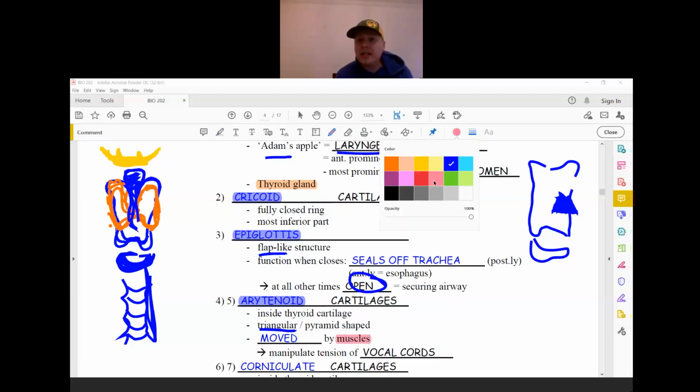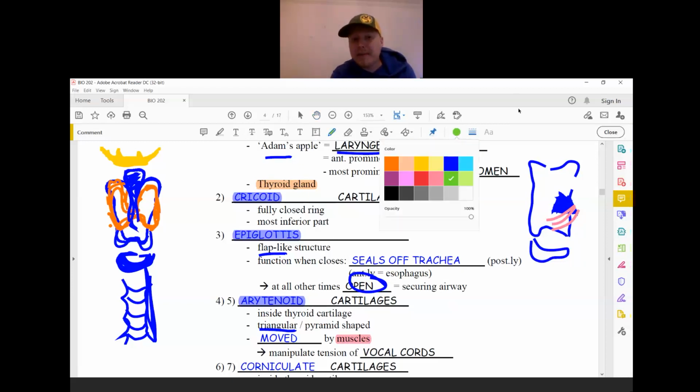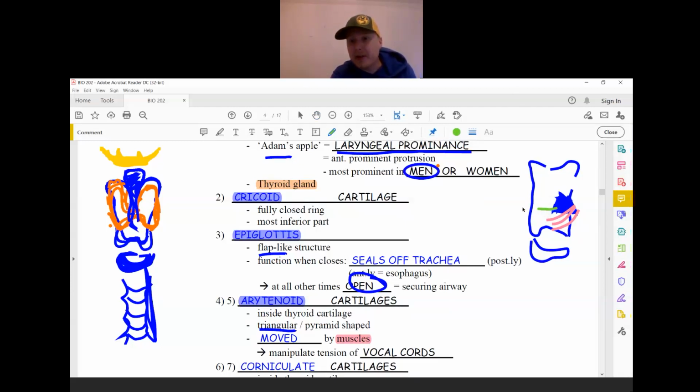And by moving the location, changing the angle of the arytenoids, we're able to manipulate the tension of the vocal cords, which run from the arytenoids to the thyroid cartilage at the front there.